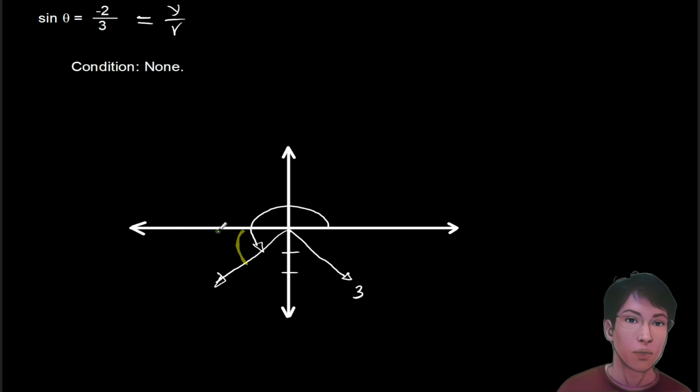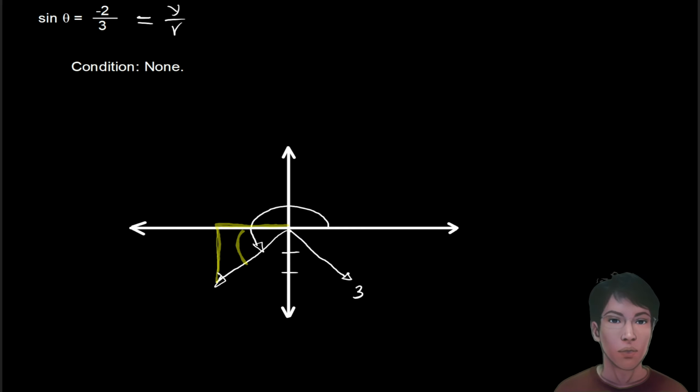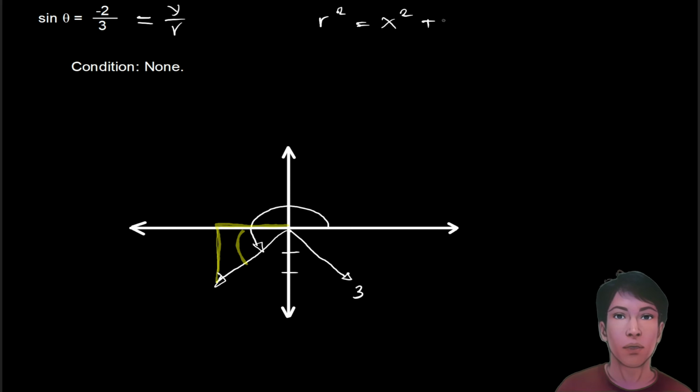We'll be forming a triangle here. Earlier we solved for x, so let me show you one more time. We have r squared equals x squared plus y squared. And of course, I'll just do a shortcut here. And so x is square root of 5.